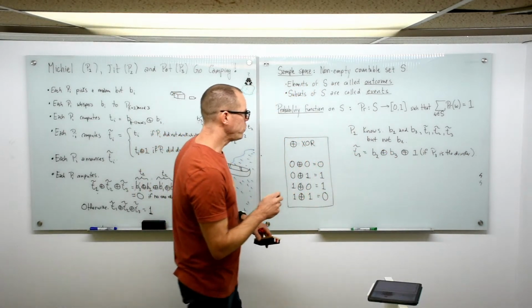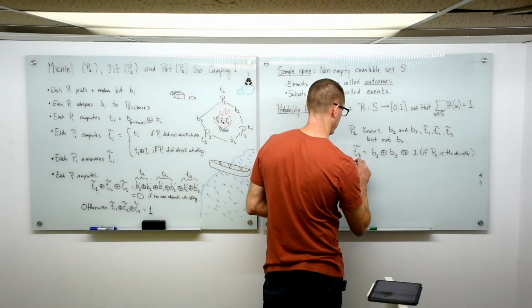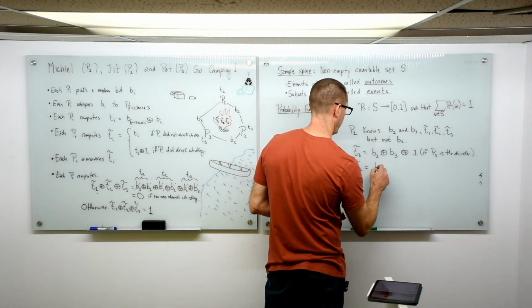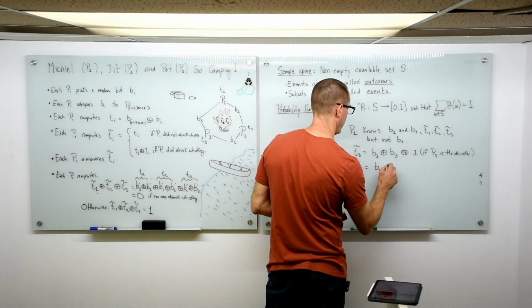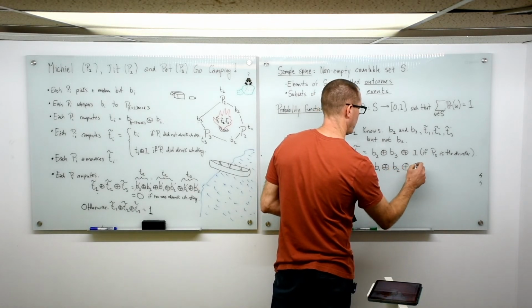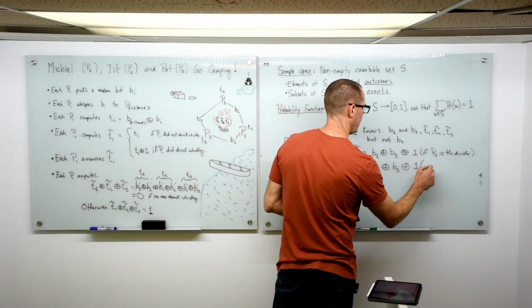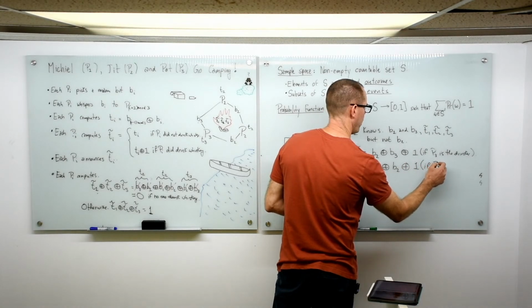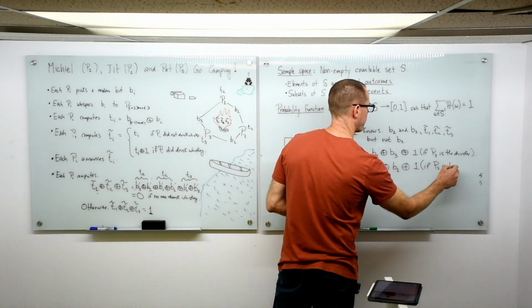I also see T2, which is equal to B1 XOR B2 XOR 1, but only if P2 is the whiskey drinker.